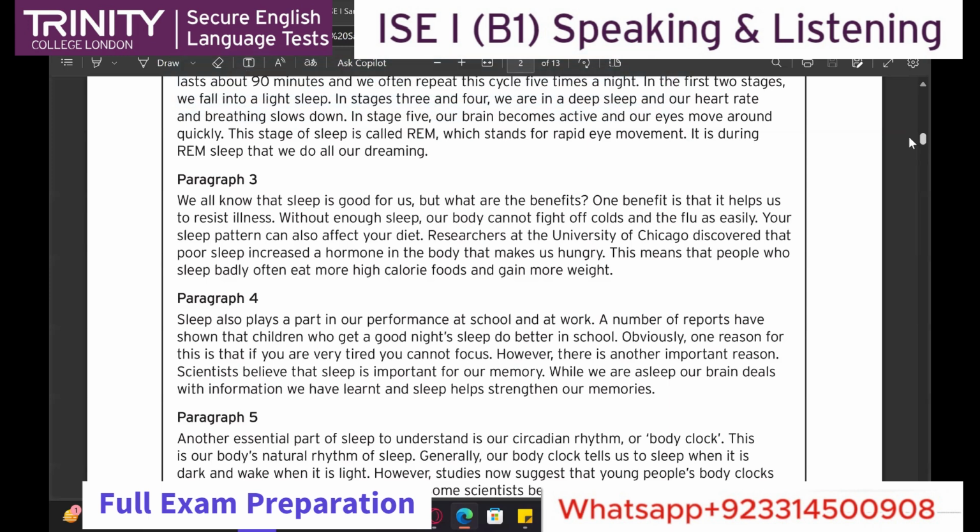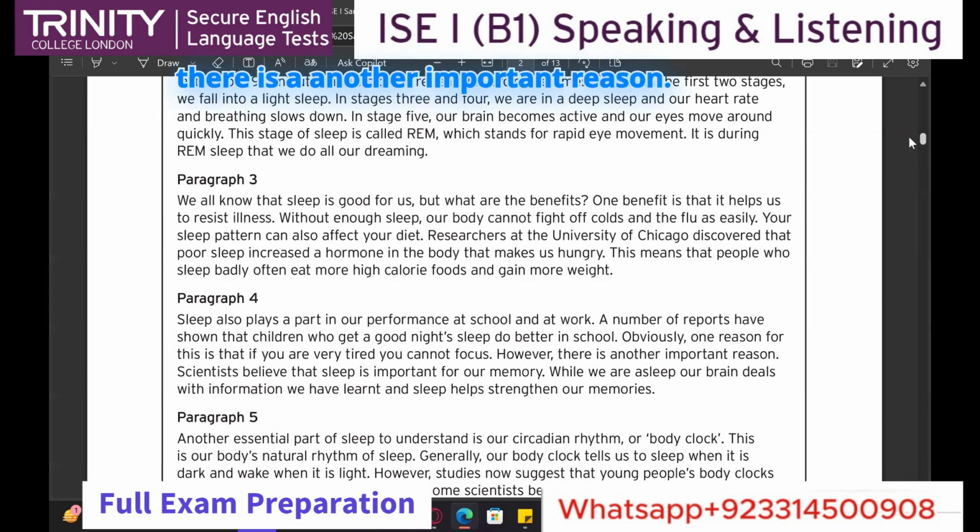Paragraph 4. Sleep also plays a part in our performance at school and work. A number of reports have shown that children who get a good night's sleep do better in school. Obviously, one reason for this is that if you are very tired, you cannot focus.